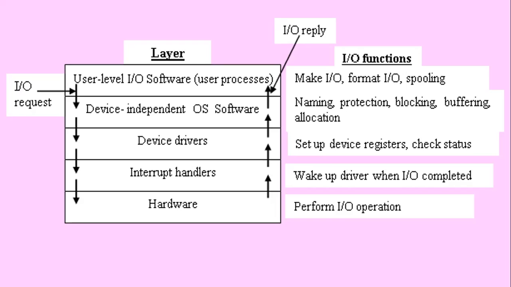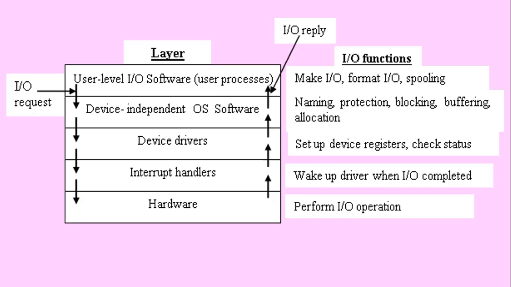On the upper layer, we have the user-level I/O software, which we also call the user processes layer. It is said to be the upper layer because it is the layer that is close to the user, the layer in which the user interacts with a process while executing a certain task. Below the user-level I/O software layer, we have the device-independent OS software layer.